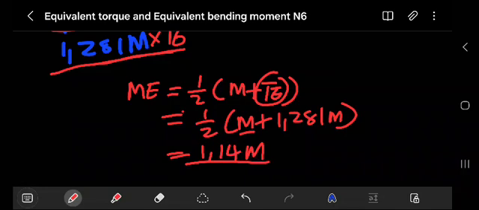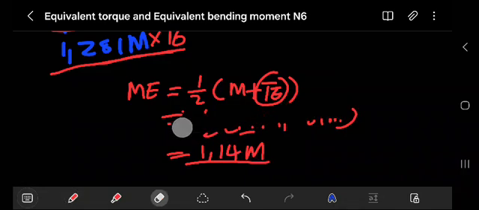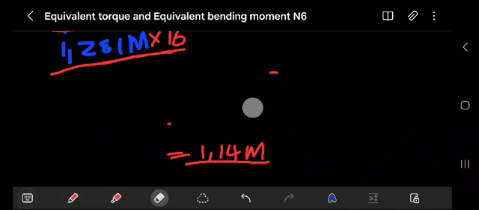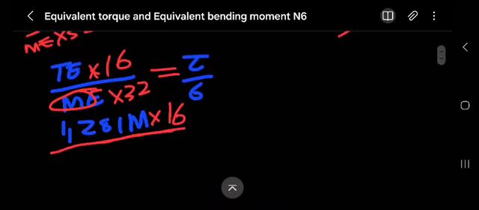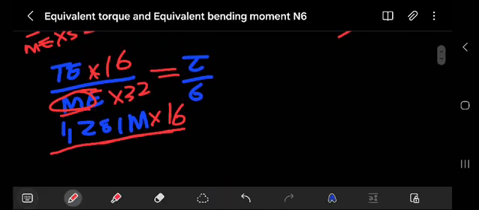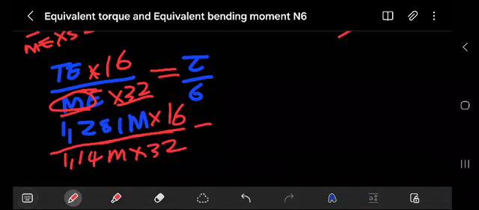So I can substitute this there, 1,14 M, because here we're supposed to substitute 1,14 M multiplied by 32. This must give us just stress over stress, like that. So M and M are the same, they will cancel out.